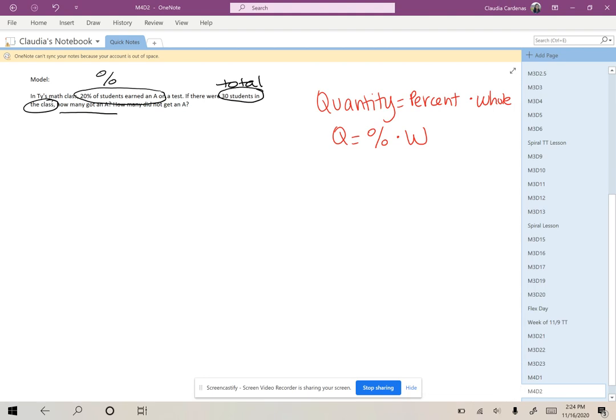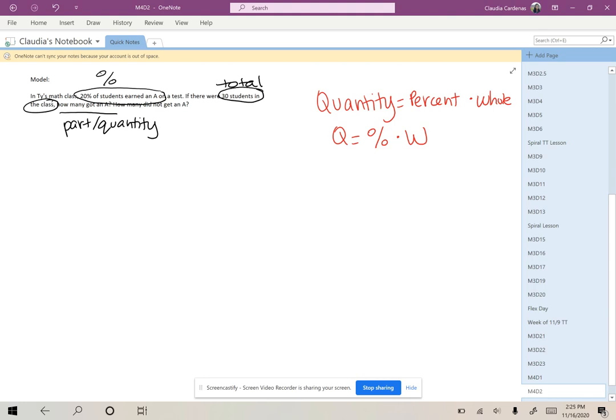If only a specific group of them earned an A, then that is the part of the whole class, the part or quantity that they are looking for, right? The specific amount of students that got an A, since not every student gets an A on the test. There are other students that get C's and B's and D's. So we are looking for a part of the total number of students.